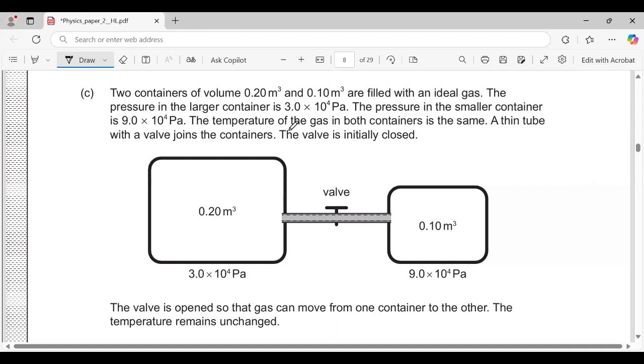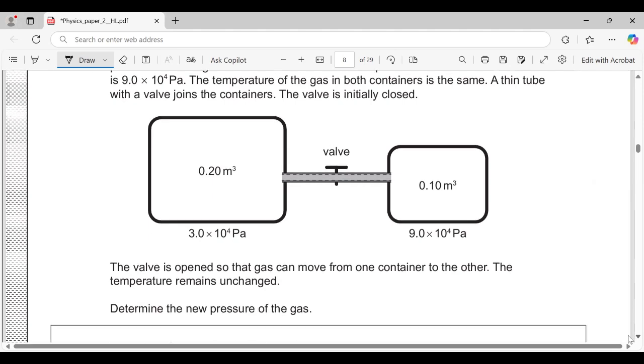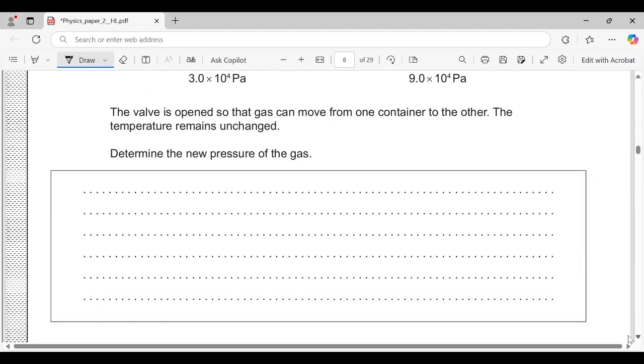The temperature of the gas in both containers is the same. A thin tube with a valve joins the containers. The valve is initially closed. This is the valve. The valve is opened so that gas can move from one container to the other. The temperature remains unchanged. Determine the new pressure of the gas.